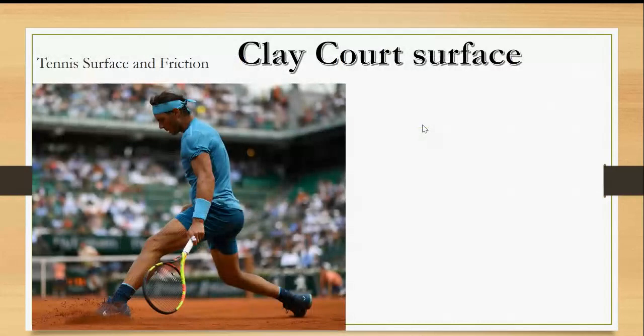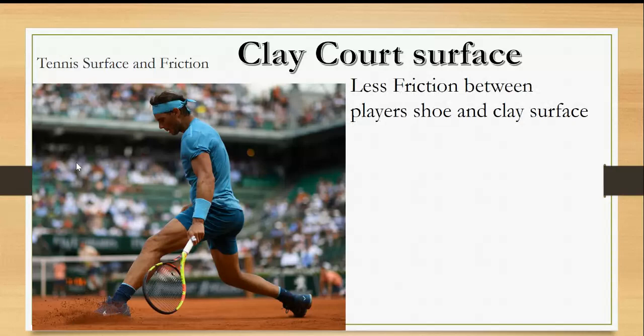You can see the surface on tennis courts. As you know, there are multiple different tennis court surfaces. Here we have the clay court, famous for the French Open, and many other events, but you can see just how loose the rock is on top of the surface. That means there is not much friction at all, so there is less friction between the player's shoe and this clay surface.